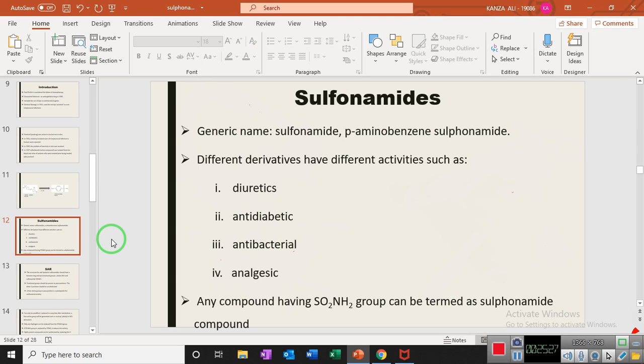For example, in the cases of fracture and bone dislocation, we use analgesic compounds. They are not going to treat the fracture or the dislocation, but are just used to relieve the pain. The cause will be there. That's why we have to repeat it after a few hours.